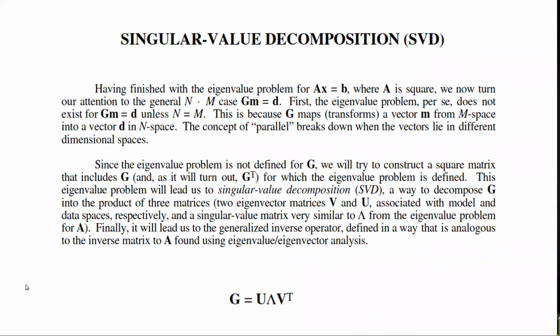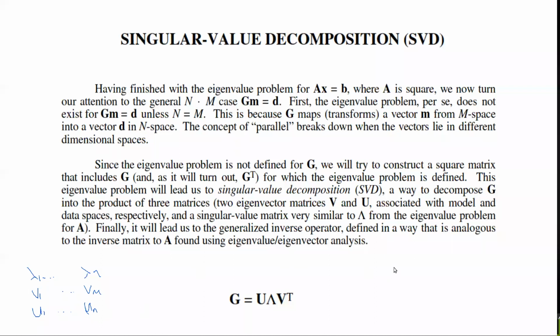Okay, G1, lambda 1, V1 up to Vm, and U1 up to UN.